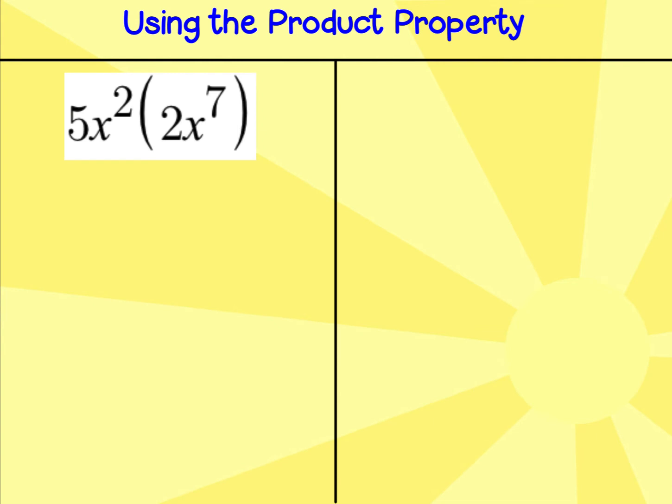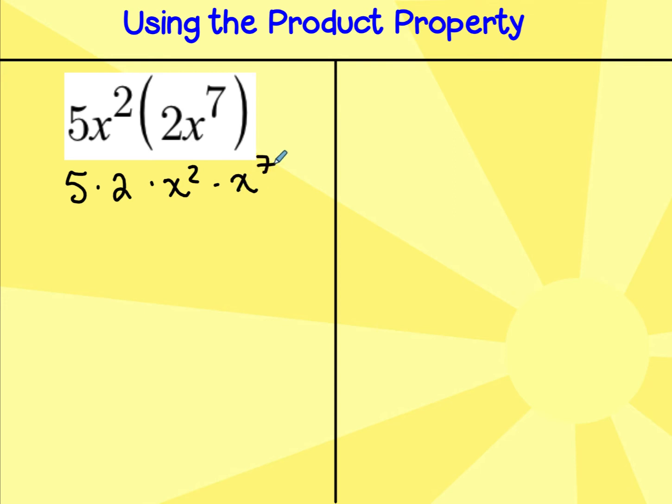So let's say that I had this problem, 5 times x squared times 2 times x to the 7th. Using the commutative property for multiplication, I can rewrite this so that I have the coefficients together, and then I have x squared and x to the 7th together.